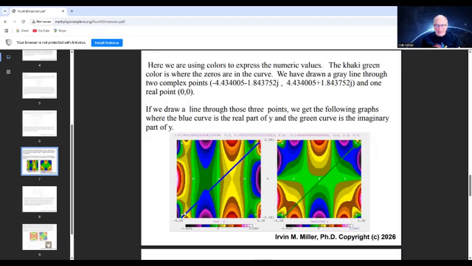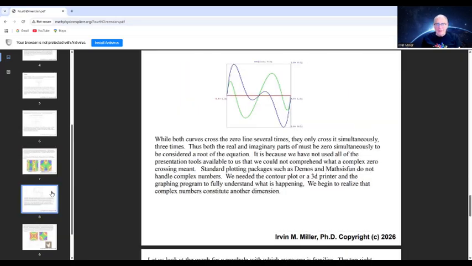You'll notice I've taken a slice across this, which gives me a plane out of this 3-dimensional thing. And when I look at this plane, I'm going to plot this curve and this curve, the real y and the imaginary y, simultaneously. The blue curve, which was the real y, crosses over 1, 2, 3, 4, 5 times. The imaginary curve crosses over 1, 2, 3, 4, 5 times also.